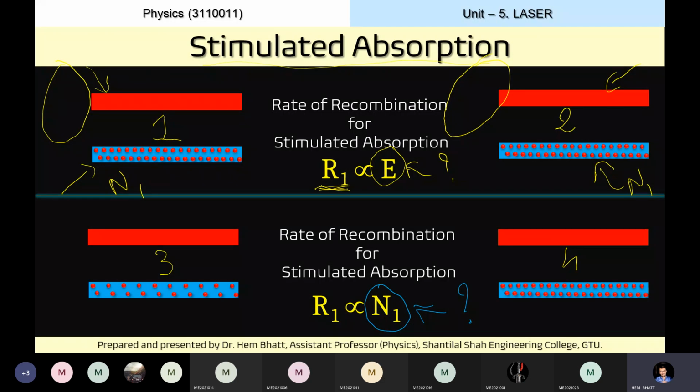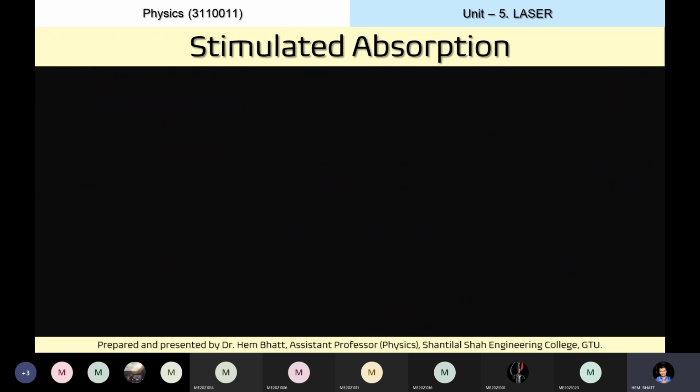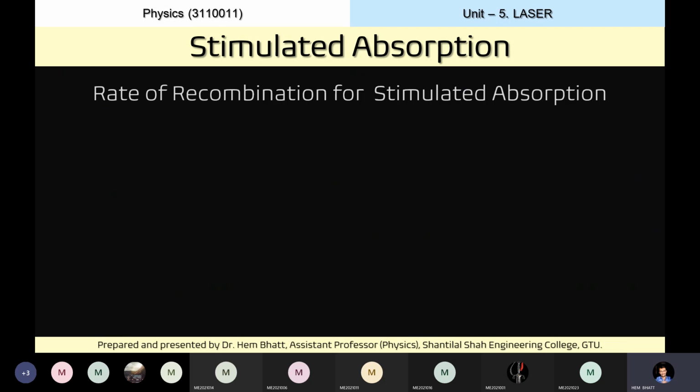Now if I make an equation of R1, the rate of stimulated absorption, I can say that the rate of stimulated absorption depends on E and depends on N1. Then I can say that R1 is proportional to N1E.